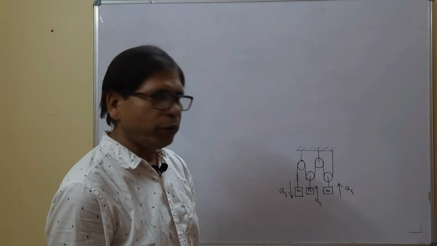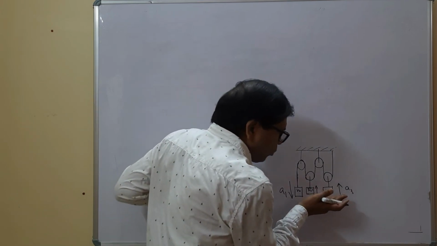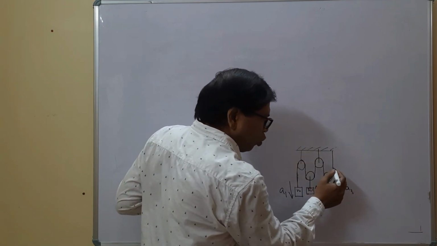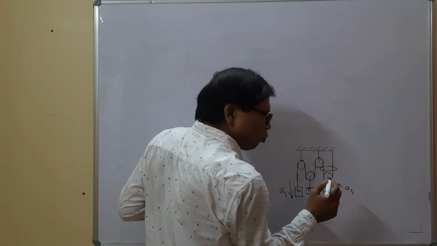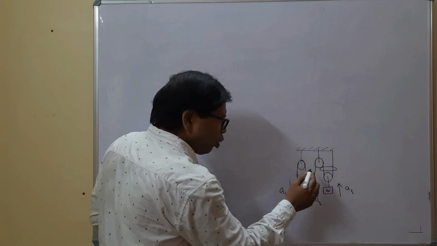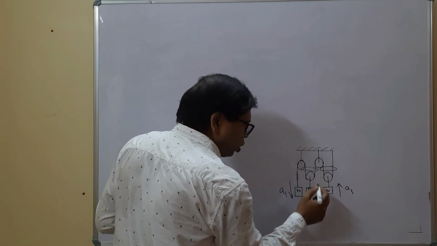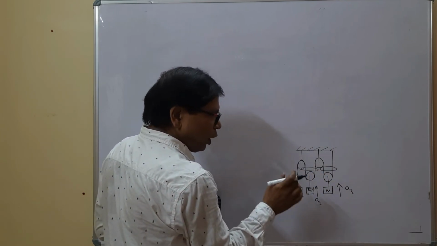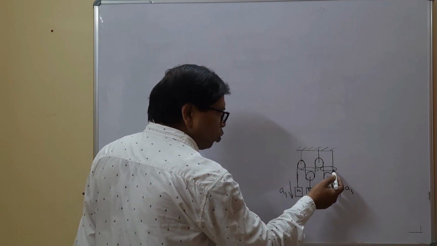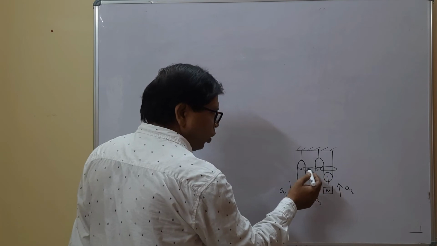Okay, now look at this. First of all, the constraint relation. If this mass moves upward with acceleration a3, the decrease of length here is proportional to a in each string, and the decrease of length in these two strings is 2a2. So total decrease of length is proportional to 2a3 plus 2a2.